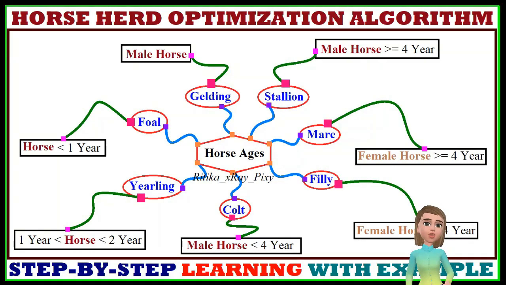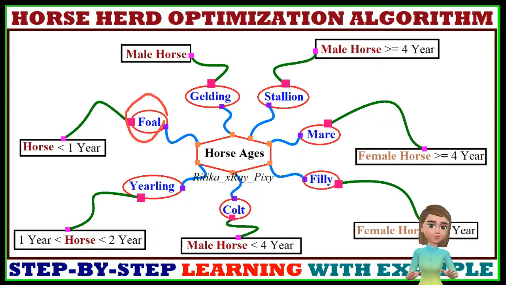Now you can see the horse's classification in the herd. Horses live in the herd, or you can say in groups, and you can see the horse ages here. A horse less than 1 year old is a foal, and a horse aged 1 or 2 years is a yearling.